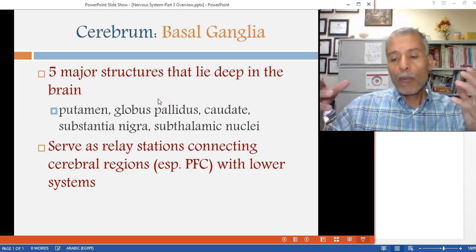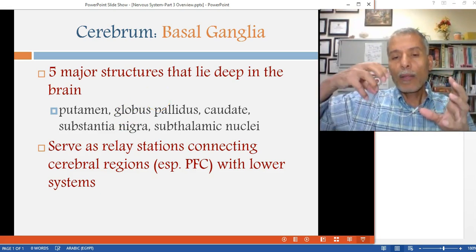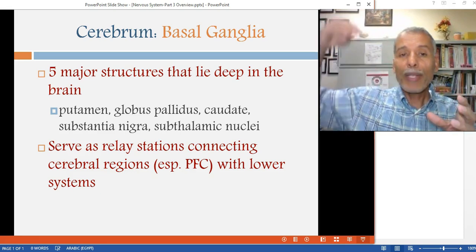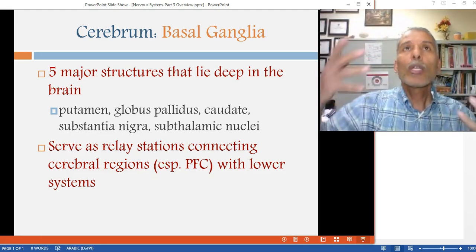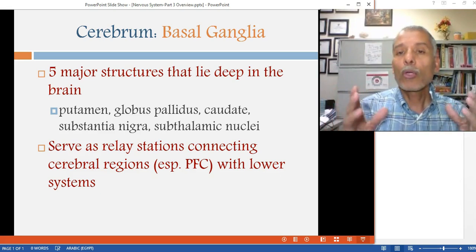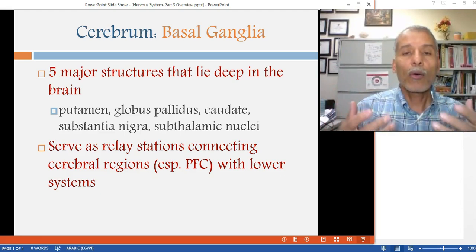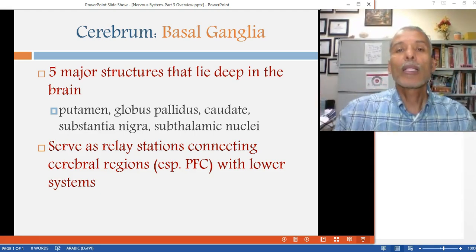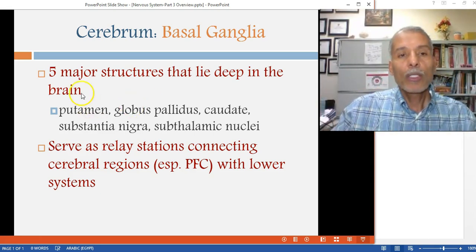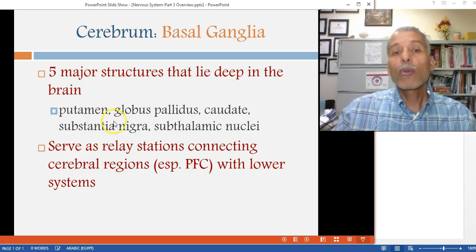And cell bodies that exist in clusters beneath the cortex, somewhere deeper in the brain, we call them nuclei, or bodies, or ganglia, a cluster of cell bodies together that have a similar function. So these 5 structures again include the putamen, globus pallidus, caudate nucleus, substantia nigra, and subthalamic nuclei.